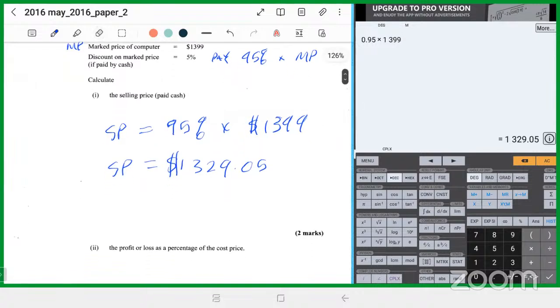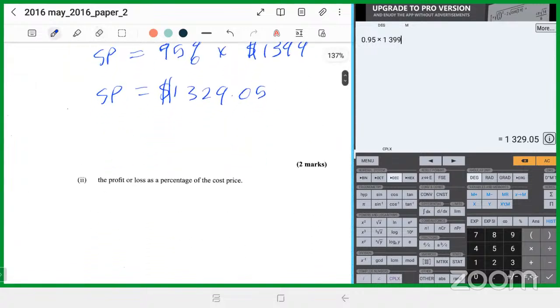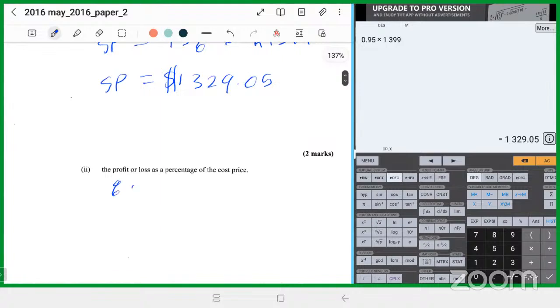So let's set it up this way. So the percentage profit is going to be the profit because he did make a profit, divided by the cost, multiplied by 100. What is the profit?